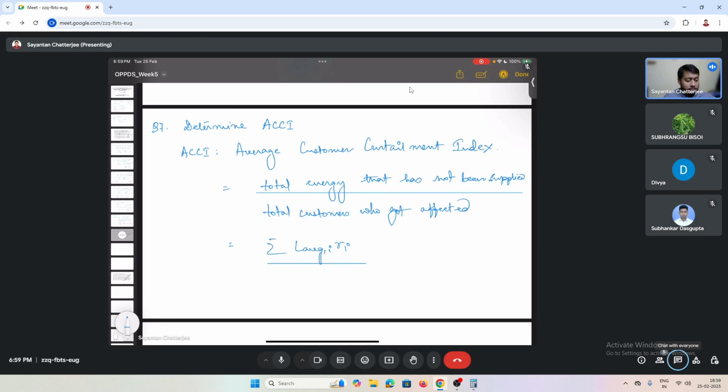What will be the value here? Whether it will be NT or CM, which one will be the denominator here? Out of NT and CM, which one will be in the denominator?